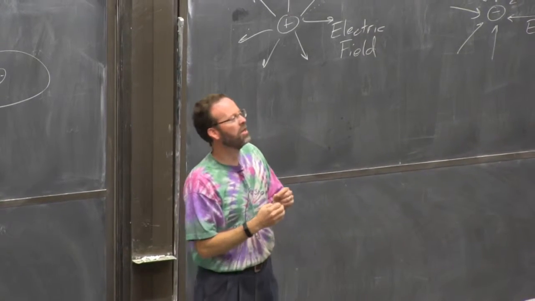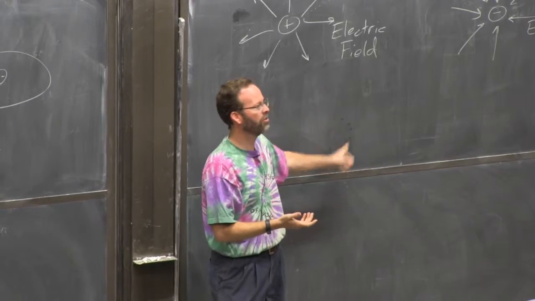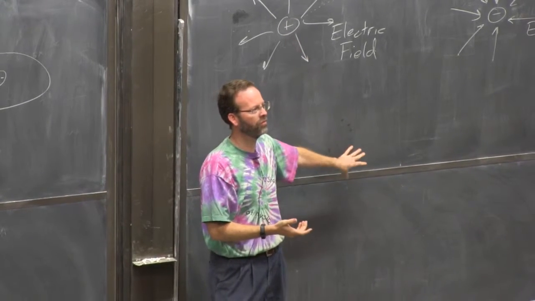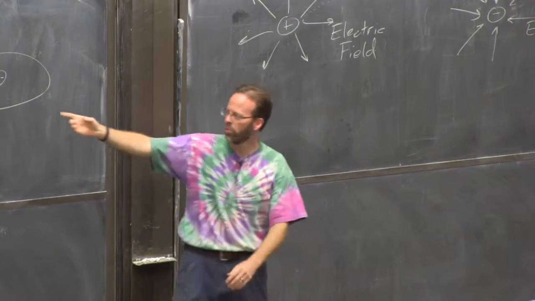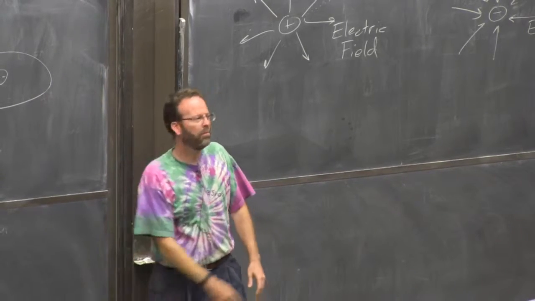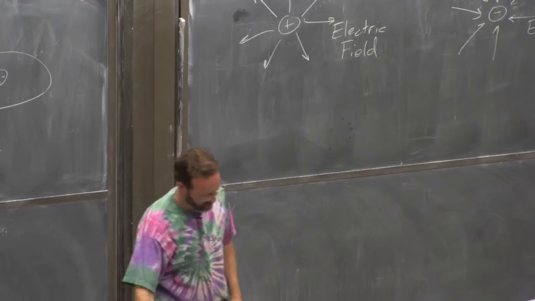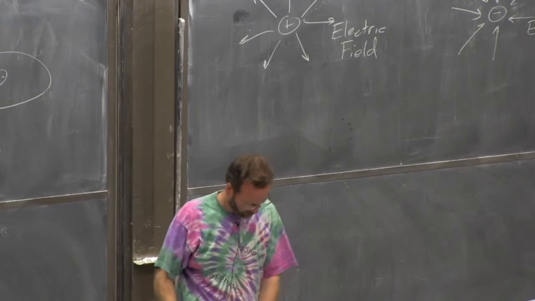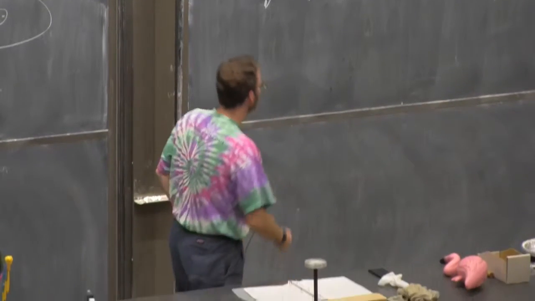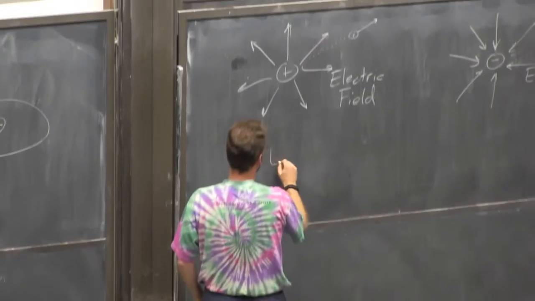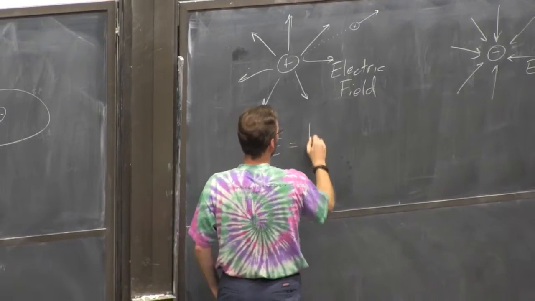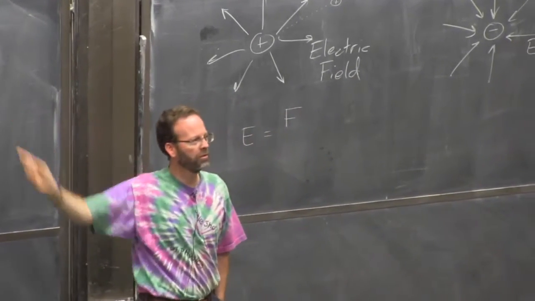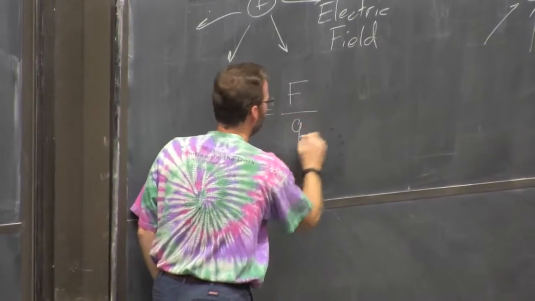So if you put a charge there, now there can be an interaction. You need to get a force through Coulomb's law. But the electric field can still exist there, whether there's a force or not. And they're related by this. The electric field is that force per charge.